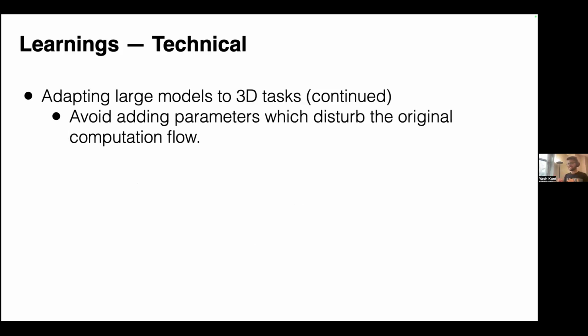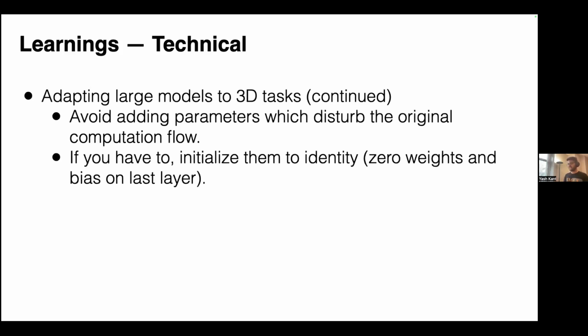I have a few more things to say. This is about if you are given a pre-trained model, how do you want to make changes to it? Avoid adding parameters that disrupt the original computation flow. As I said, they are already pre-trained and very good, so you don't want to disturb too many things. If you have to do this, it is easier to initialize them to identity.